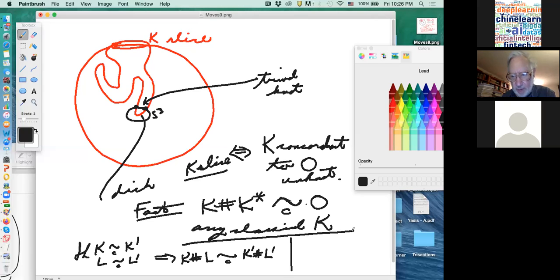And so the upshot of all this is that concordance classes of knots form a group. And the inverse is the mirror image.